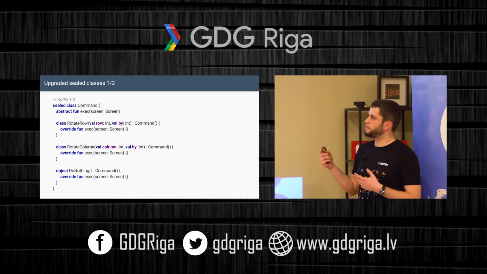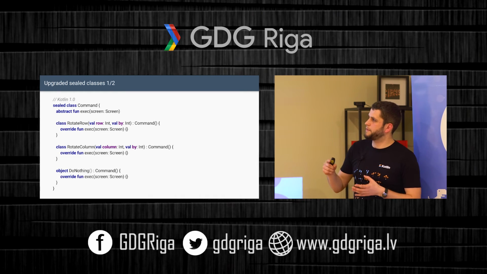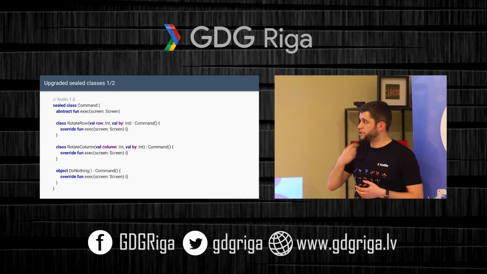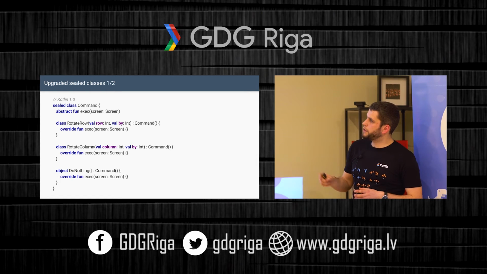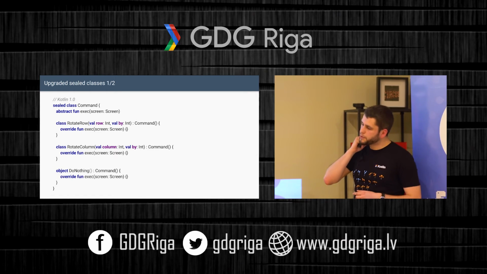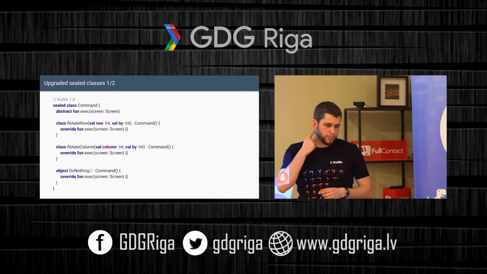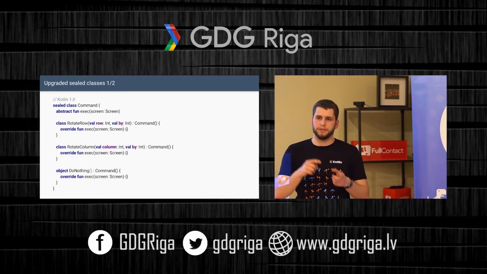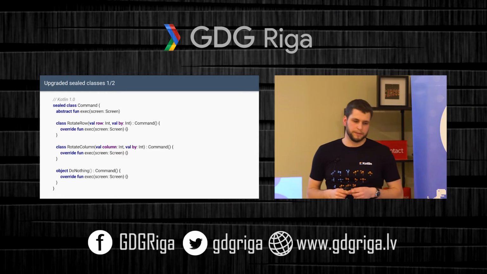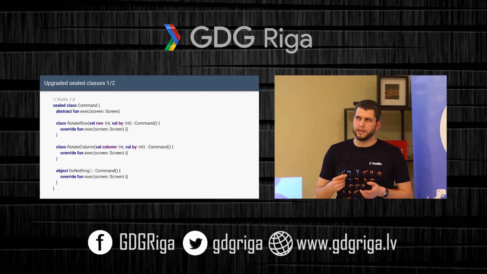This command cannot have any other children. It's super useful for pattern matching, and I think I have an example later. But for now, you just need to see that the limitation of sealed classes in Kotlin 1.0 is that all the subclasses of the sealed class must be inside the block of the class itself. So basically, they are inline classes.